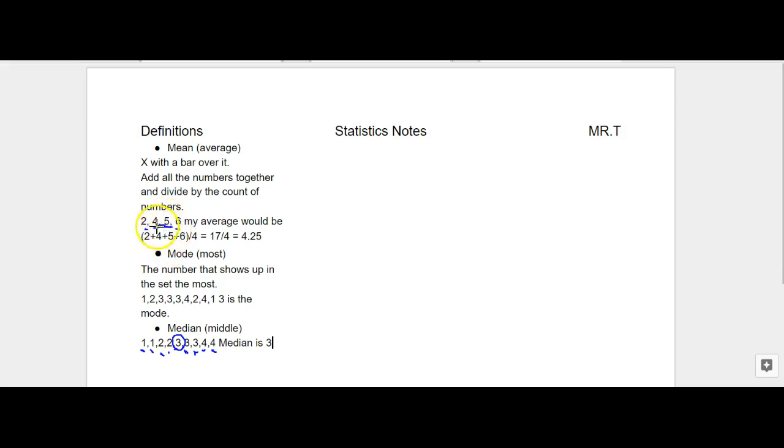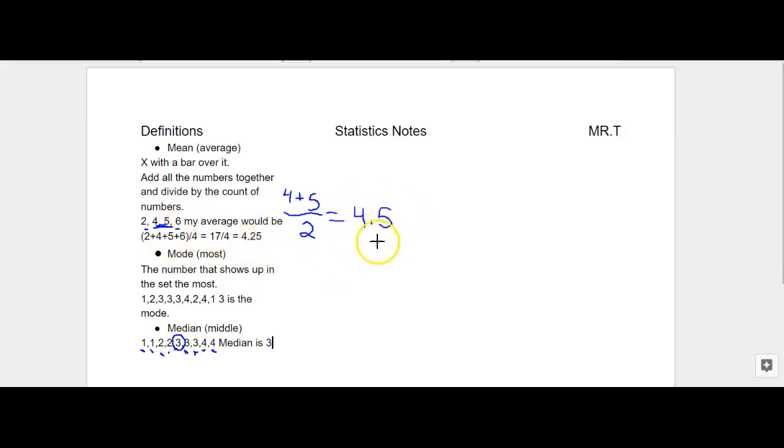So to find the median when I have 2 numbers, I take those 2 numbers, 4 plus 5. Whatever I get when I add them together, I divide it by 2. So in other words, I'm finding the average of just these 2 numbers. And that's going to give me 4.5.